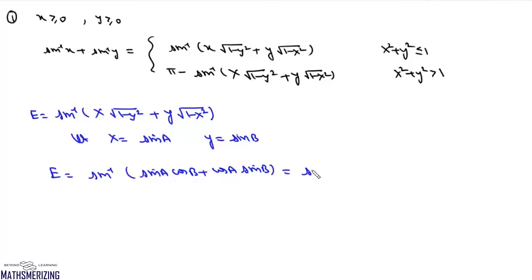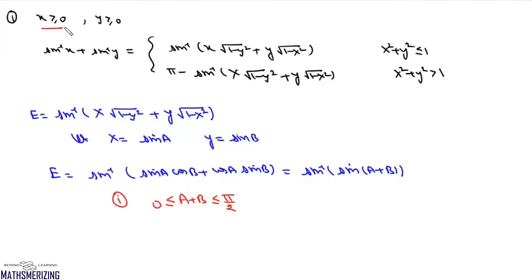So we can write this as sin inverse of sin of a plus b. Now we can cancel sin inverse with sin if a plus b lies in the principal value range. So we'll have this first case when a plus b is less than or equal to pi by 2 but greater than or equal to 0.